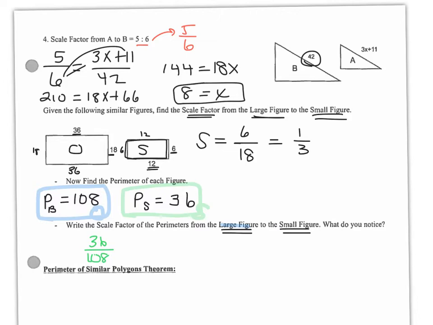Now I have to simplify 36 over 108. I'm going to type that in my calculator, 36 divided by 108, and then hit math, enter, enter, and I get 1/3. What do you notice about the perimeter scale factor and the scale factor of sides? Well, I notice they're the same.